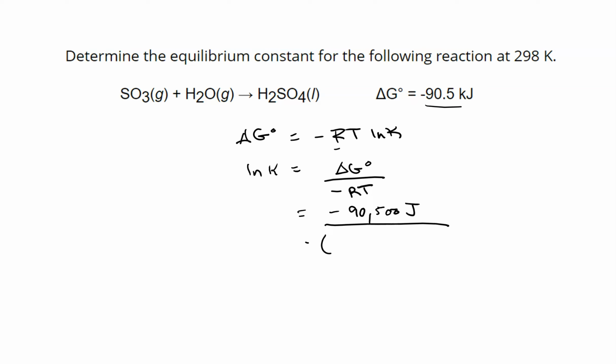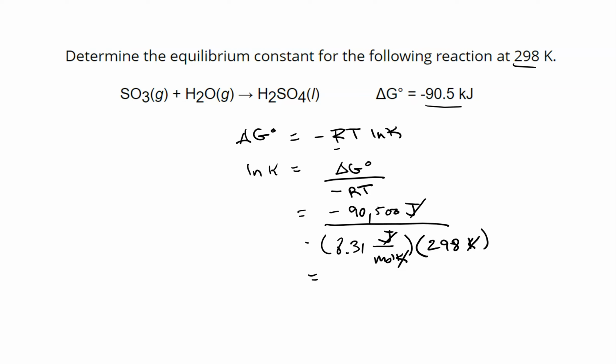R is 8.31 joules per mole Kelvin, and T in this particular case is 298 Kelvin. So Kelvin's going to cancel, joules is going to cancel. We'll have 1 over moles, which is moles. This is assumed per mole compound, so it will become unitless when we move to K.